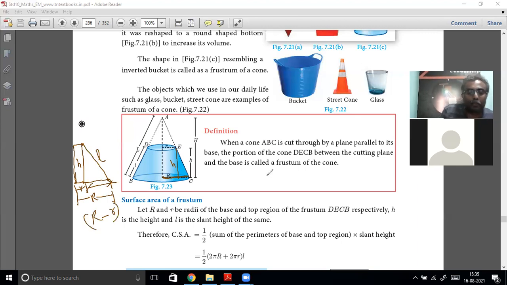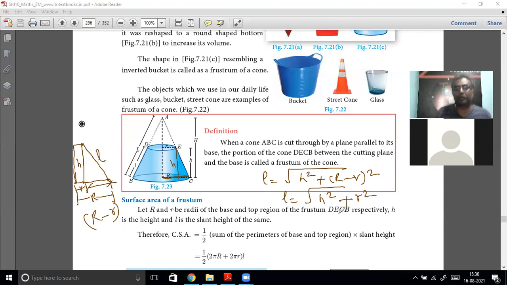That is why L for a frustum is equal to root of H squared plus (R minus r) the whole square. Normally L for a cone is root of H squared plus R squared. Here it is H squared plus (big R minus small r) the whole square. That is the formula you should take.